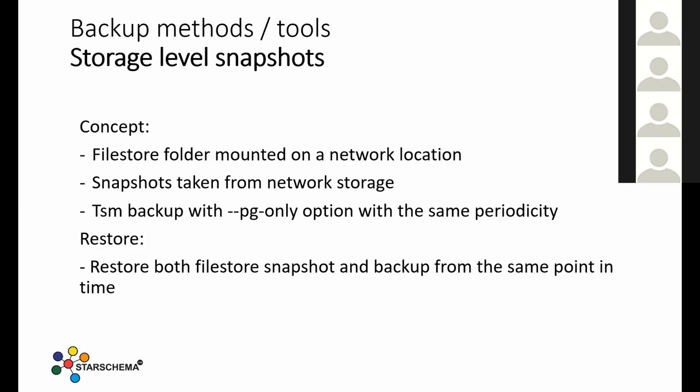And these snapshots can be matched with, for example, a TSM backup snapshot with running the PG only option with the same periodicity, like every 2 hours, 4 hours, whichever interval fits you, and then try to restore them from your network storage in case of a catastrophic failure when, for example, there is data loss, and use the repository content to back it up to a server from the same point in time.